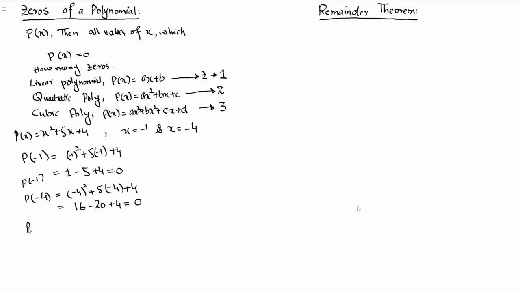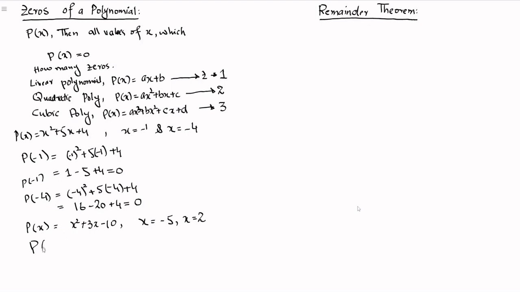Let's consider another polynomial p of x, which is equal to x square plus 3x minus 10. Then there will be two zeros, which are x is equal to minus 5 and x is equal to 2.